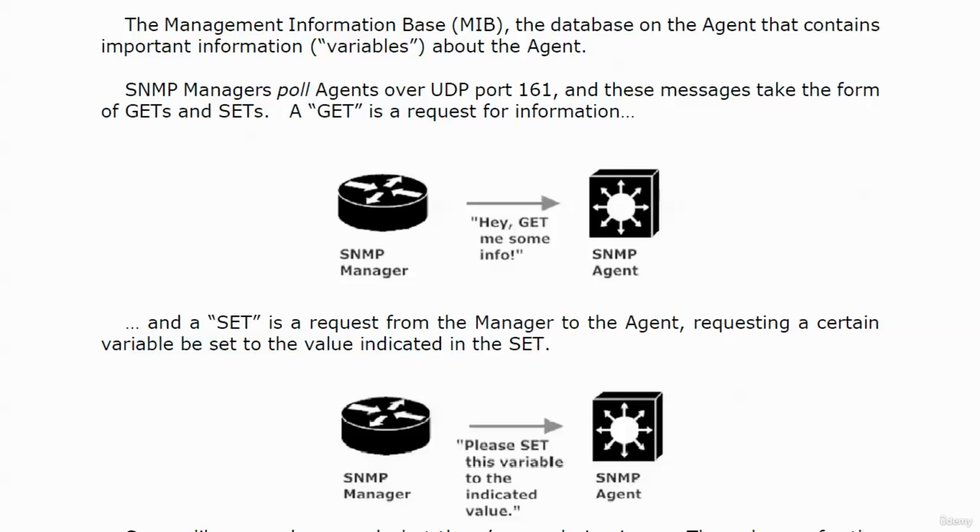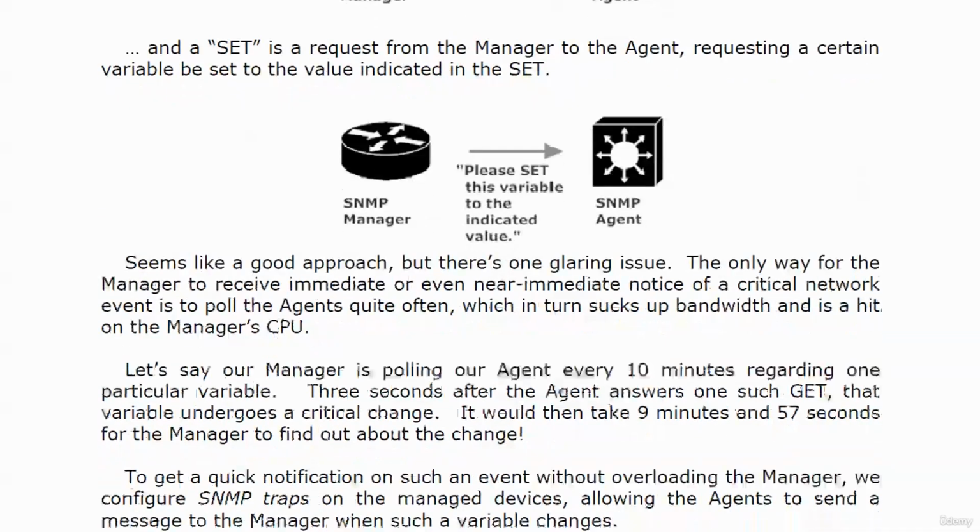Something happens, an event occurs that the manager really should know about right now. Well, with gets and sets, you don't have that. And then the next time the manager asks, hey, get me some information, it could be, hey, 9 minutes and 50 seconds ago, something really bad happened. And that's not the kind of rapid notification we like in today's networks.